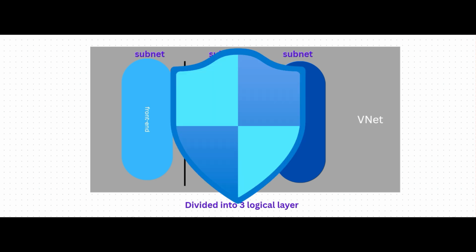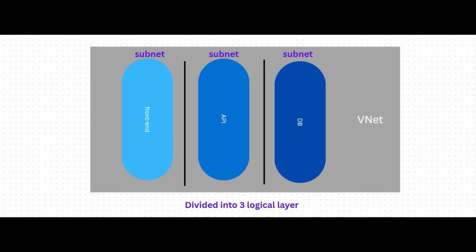So using network security groups, we can define security rules for each subnet. For example, as I mentioned, the database subnet can have a rule that blocks all incoming traffic except from the backend subnet. The backend subnet can be configured to only accept requests from the front end, and the frontend subnet can allow traffic from the internet using HTTP or HTTPS, but restrict internal access.